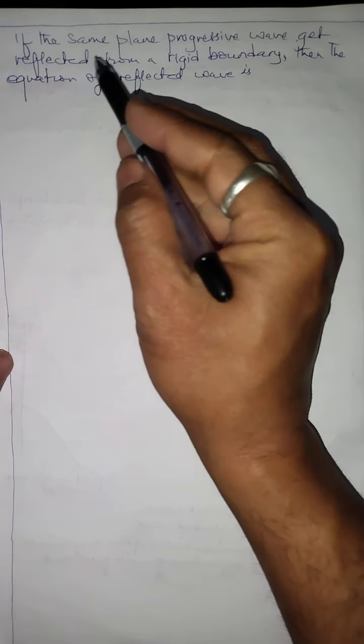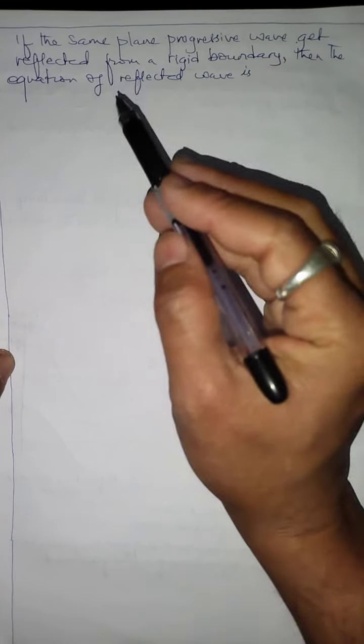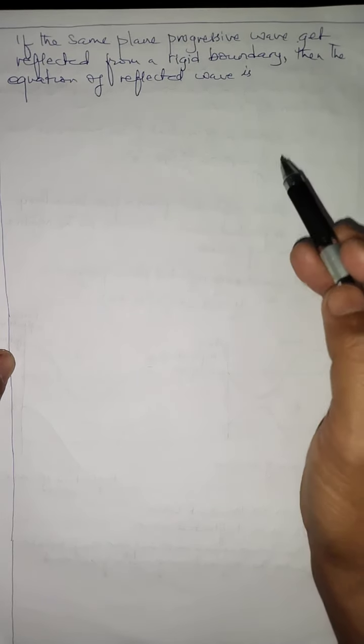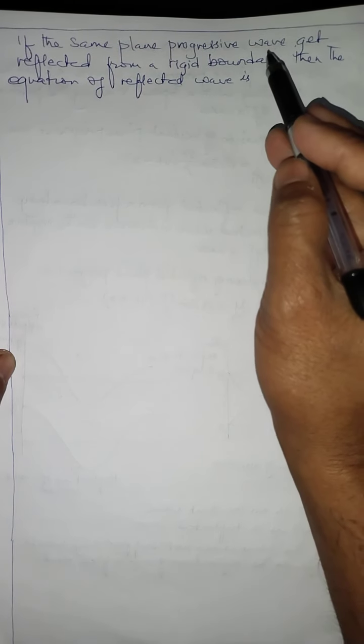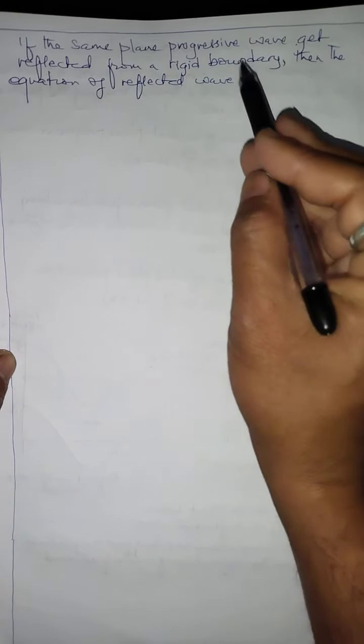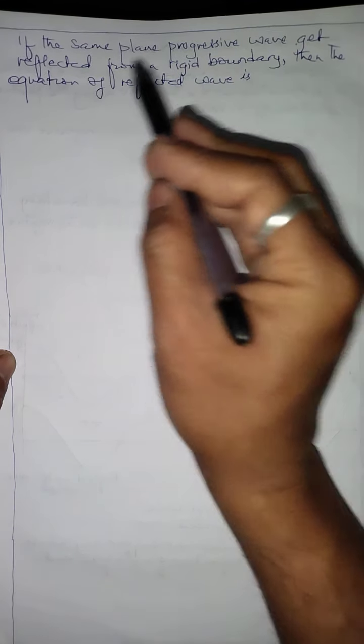Now if the same plane progressive wave, incident in the positive direction, gets incident on a rigid boundary and is reflected from it, but what boundary now? This time the rigid boundary.